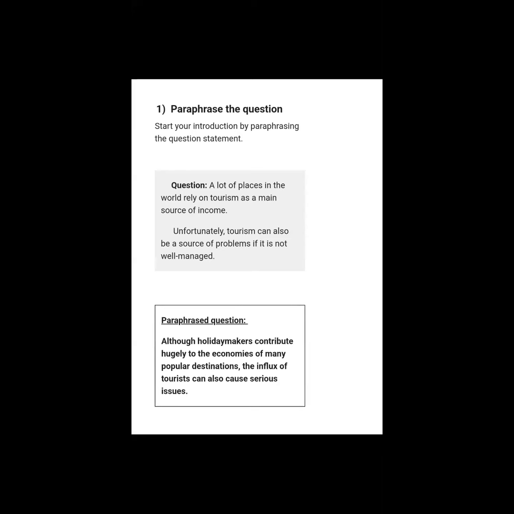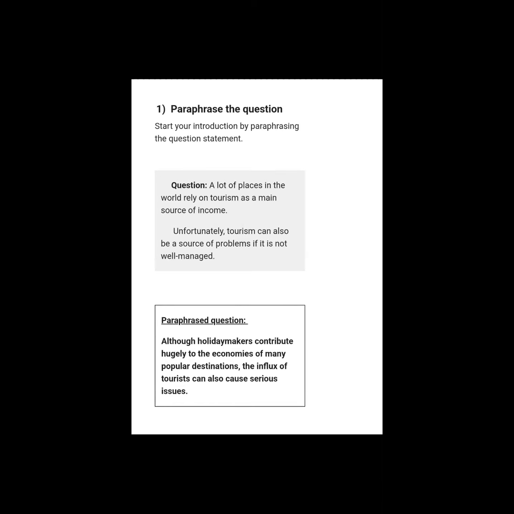here is the same thing as tourism. So you can look out for more words you could use instead of tourism. Okay, although holidaymakers contribute hugely to economies of many popular nations. Source of key income here was replaced as contribute hugely to economies.